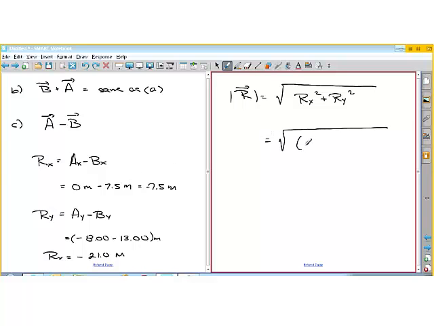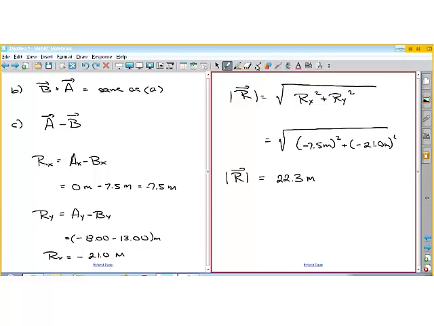In this case, r sub x is negative 7.5 meters. Square that, add that to negative 21.0 meters squared, and when you do that, the final answer is 22.3 meters. The magnitude is always a positive quantity.